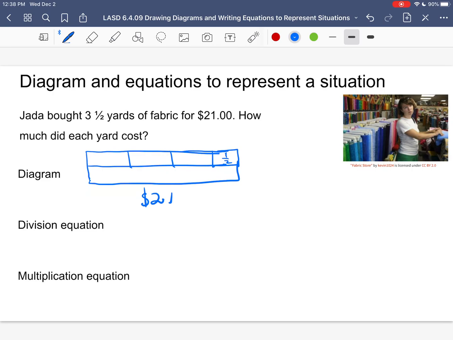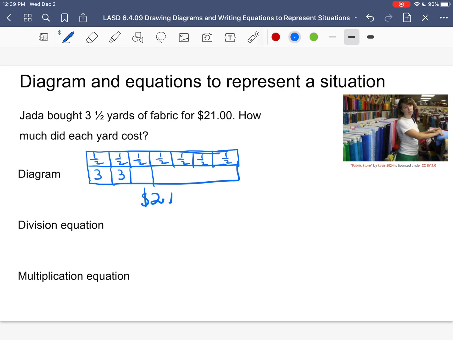So how much did 1 yard cost? So let's divide them into half yards, like this. And now we have 7 half yards. And we can divide 21 by 7 and get 3.